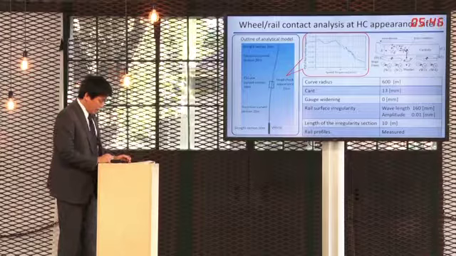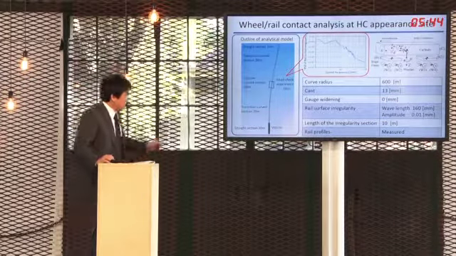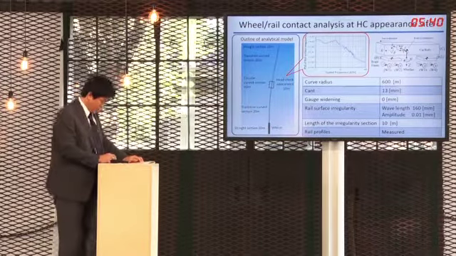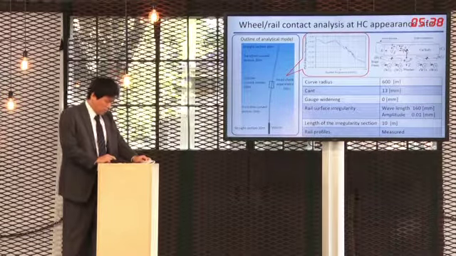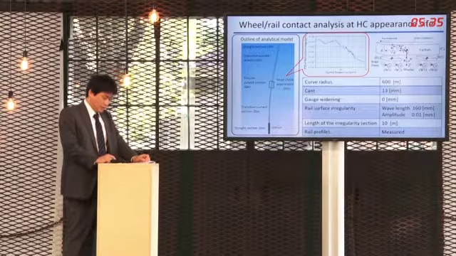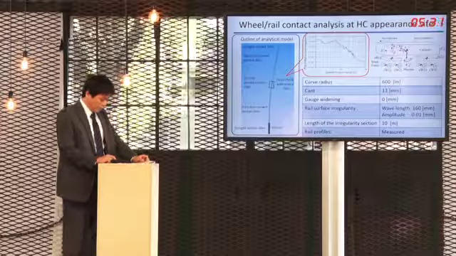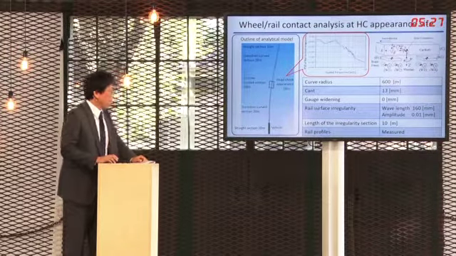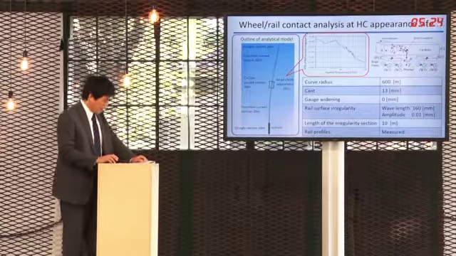The area around the center of the circular curved section, where the head check appears on the low rail surface, was modeled, and the rail surface irregularity of the model was set such that the wavelength is 160 millimeters and the amplitude is 0.01 millimeters. Those values of the irregularity are based on the results of the on-site investigations.